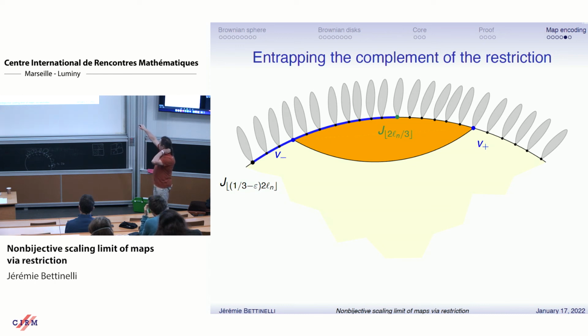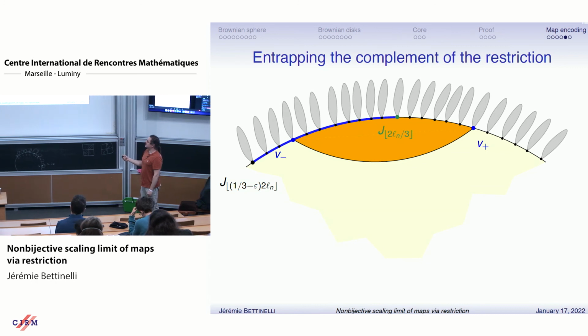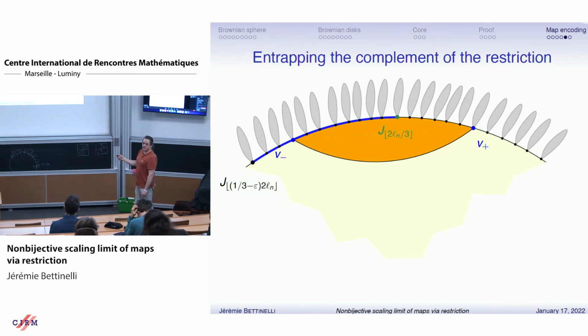So it means that this point here is the closest to my distinguished point. And if you remember that the labels on the vertices give the distance to the distinguished point, it means that this one is the one with the smallest label on the blue part. That would be important.